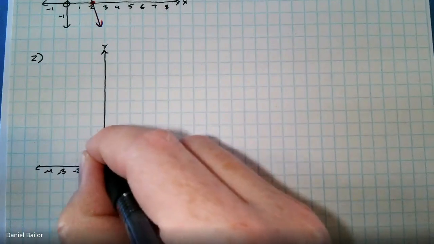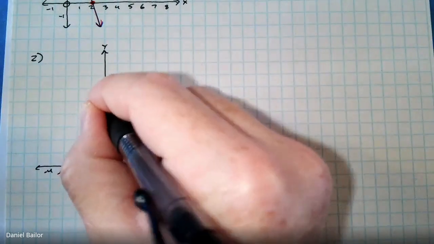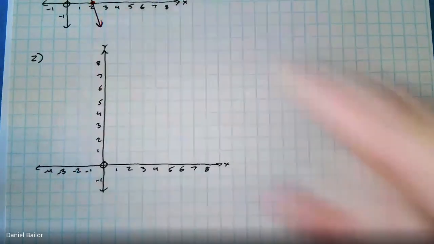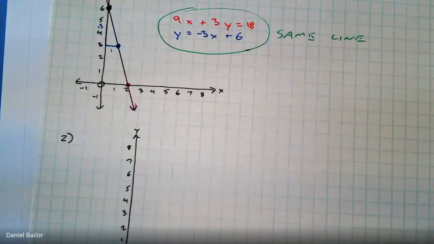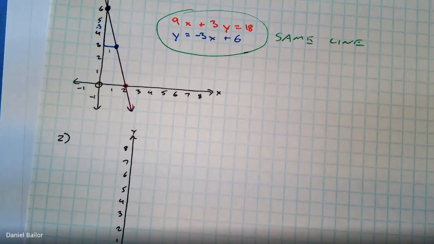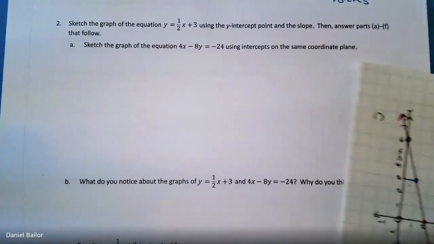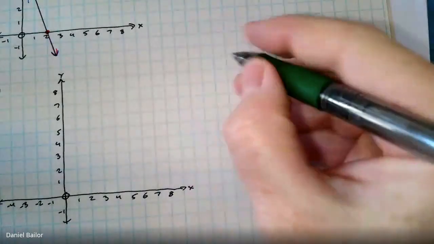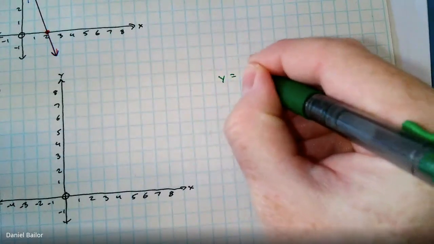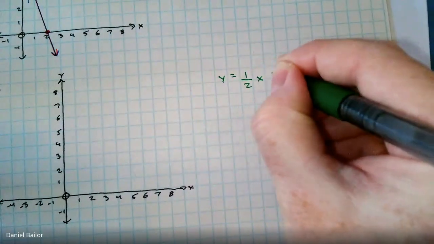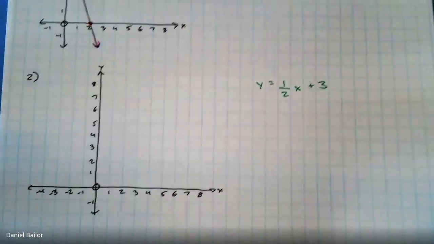I'm labeling my intervals right now. Okay, so we need to graph. Let me write down the equation on the graph. I need to graph y equals 1/2 x plus 3. Okay, so let me graph this.